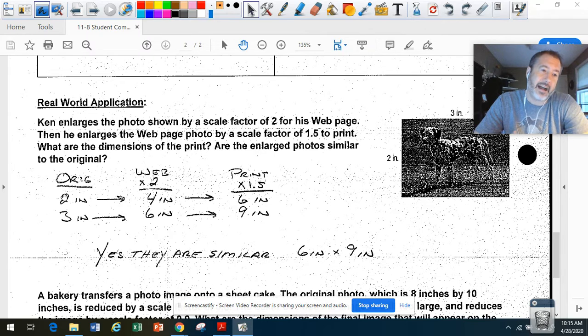Well, 2 over 3 is 2 over 3. Let's take 4 over 6. If I reduce that, what do I get? 2 over 3. If I take 6 over 9 and reduce it, guess what I get? 2 over 3. So yes, they are similar. And the photo that he is going to print out is 6 inches by 9 inches.